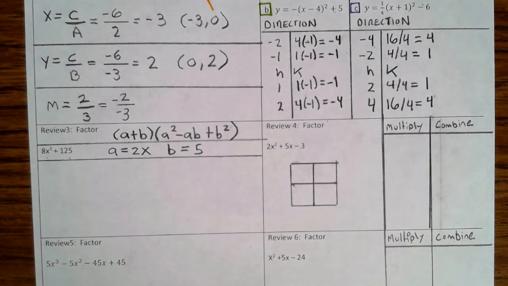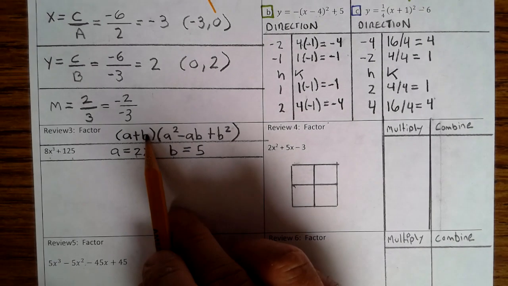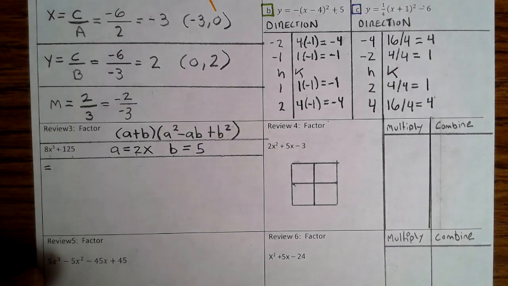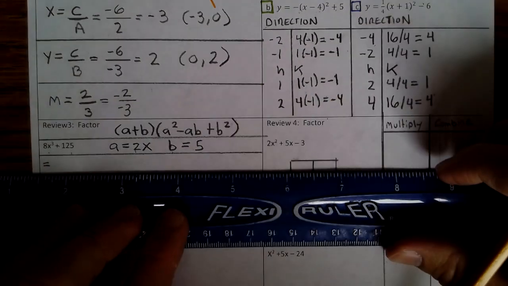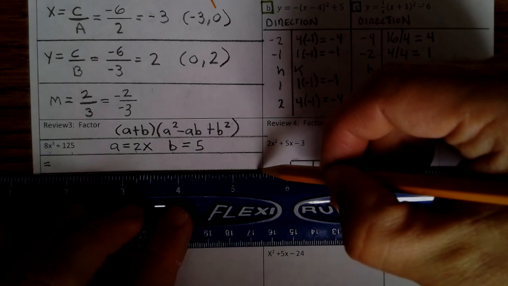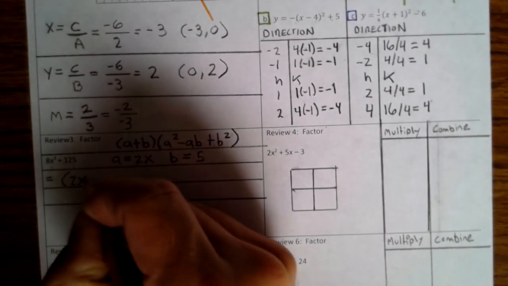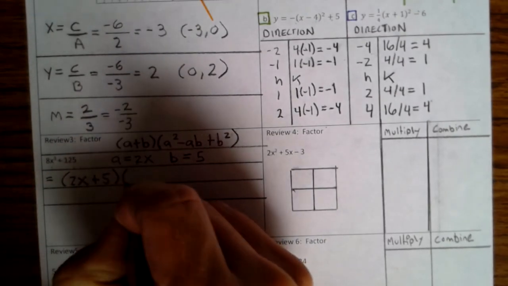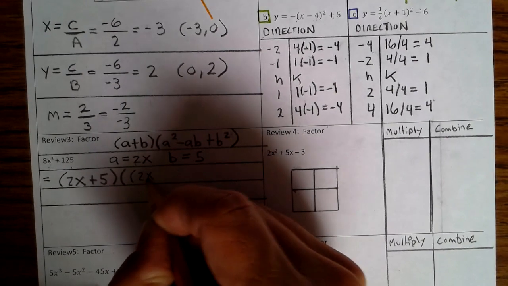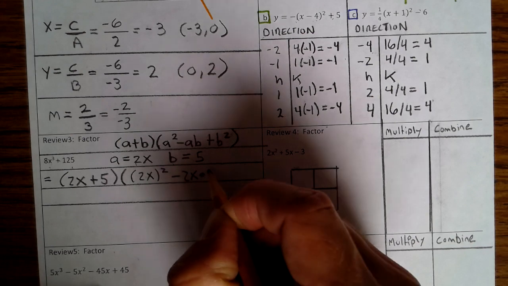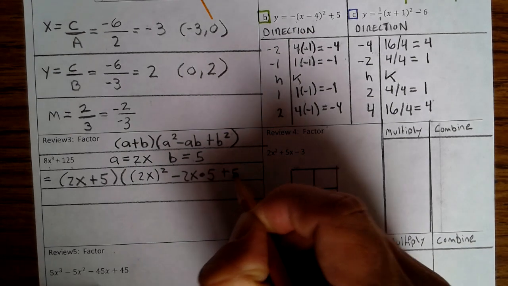Okay. Now, once you have A and B and you know the sum factor formula for cubed, we plug these numbers in. Let's add some lines here to help keep the work organized. So that's 2x plus 5, parentheses, 2x squared minus 2x times 5 plus 5 squared.